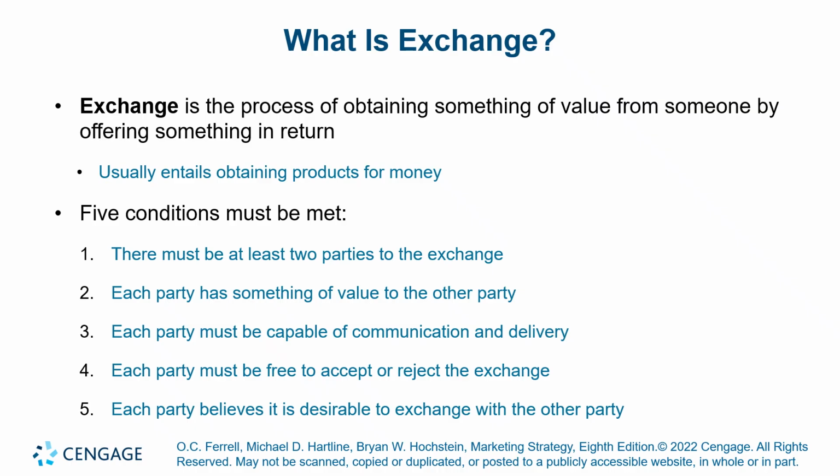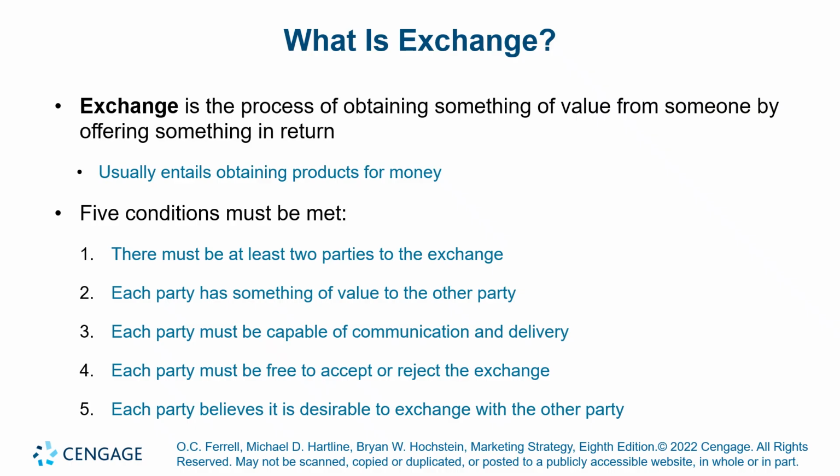Third, each party must be capable of communication and delivery. They have to be able to communicate with each other and then deliver the product or services. Fourth, each party must be free to accept or reject the exchange, right? It has to be free will.